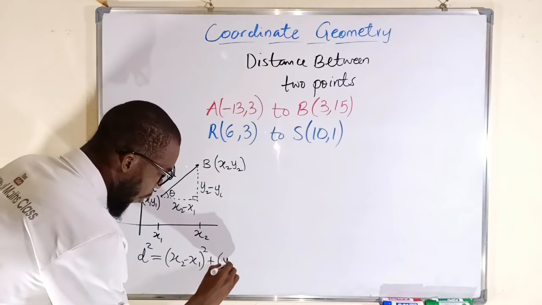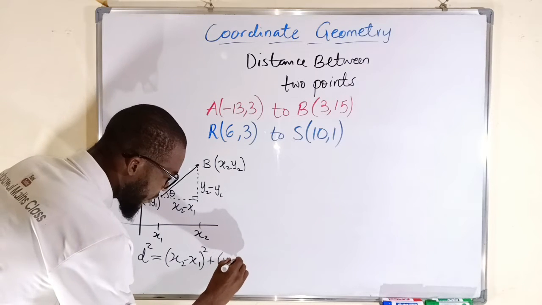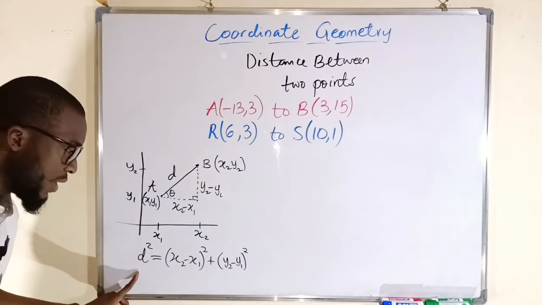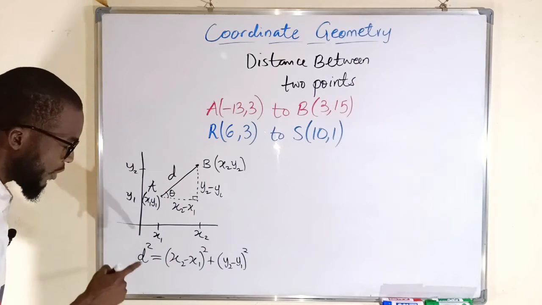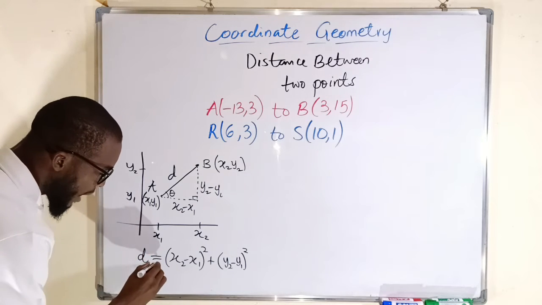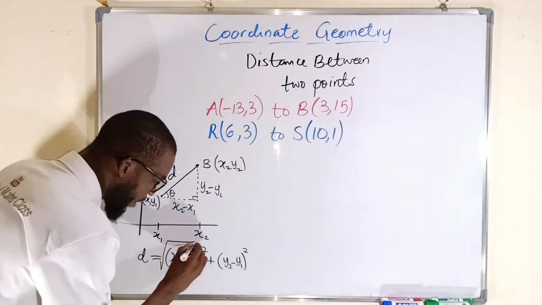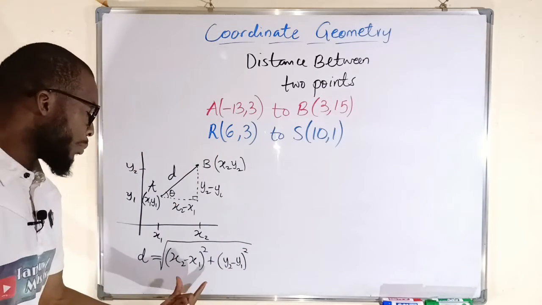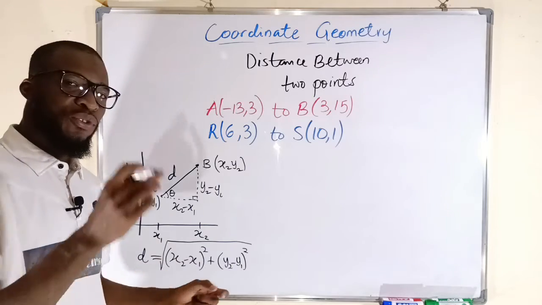We have y2 minus y1 whole squared. If you are looking for D, you take the square root of both sides. Because I have limited space, let me just remove this power of 2 and attach a square root right here. And hence, this is just the distance formula. You can apply this formula to find the distance between two given points.